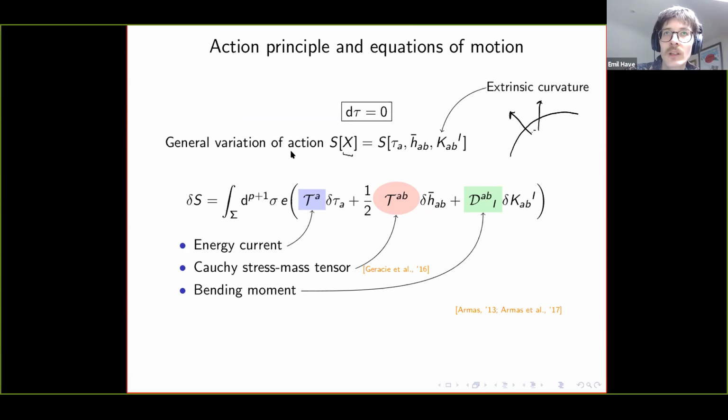So since we consider action functionals of this form, the variation takes this very general form. To each of these objects, once we vary it, we can associate some kind of current.